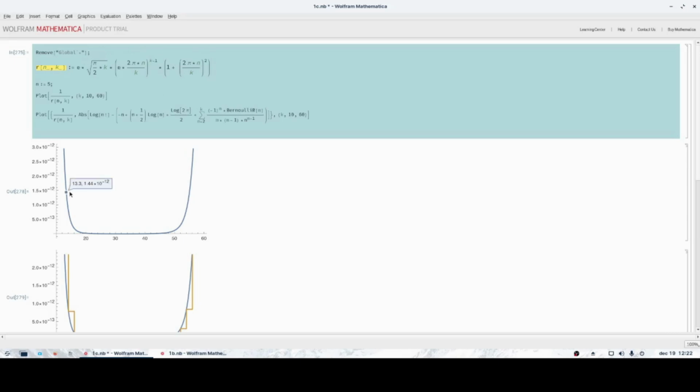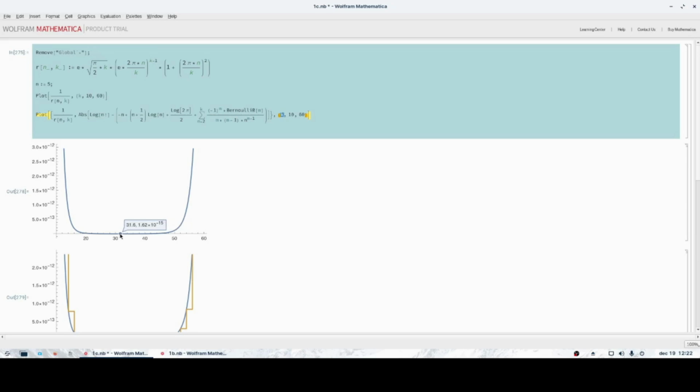This graphic represents the variation of the remainder depending on this k value. And we are curious at which point, which k value, this graphic is the best approximation, where is the minimum point of this graphic.